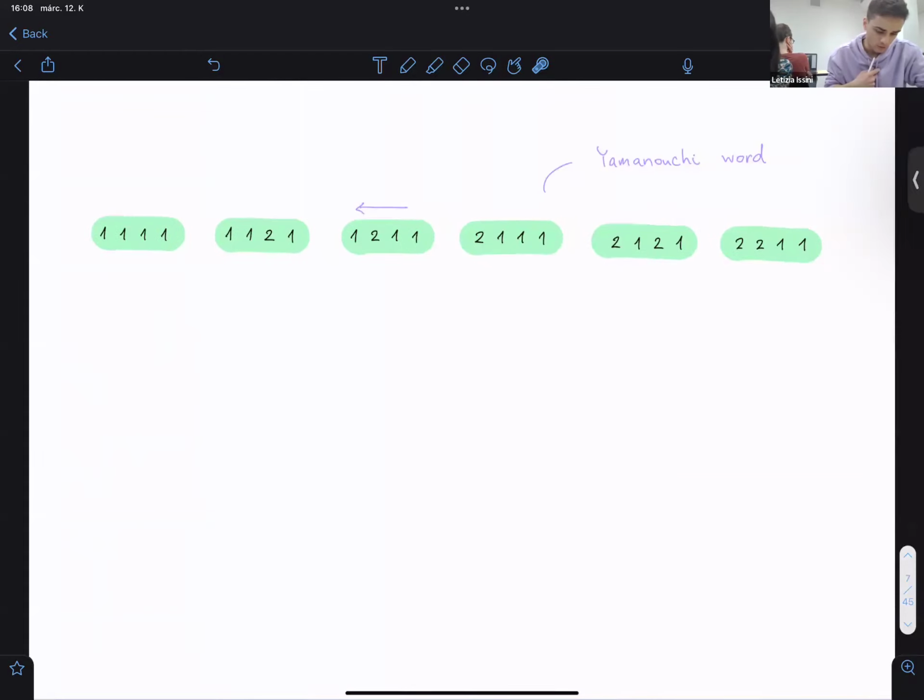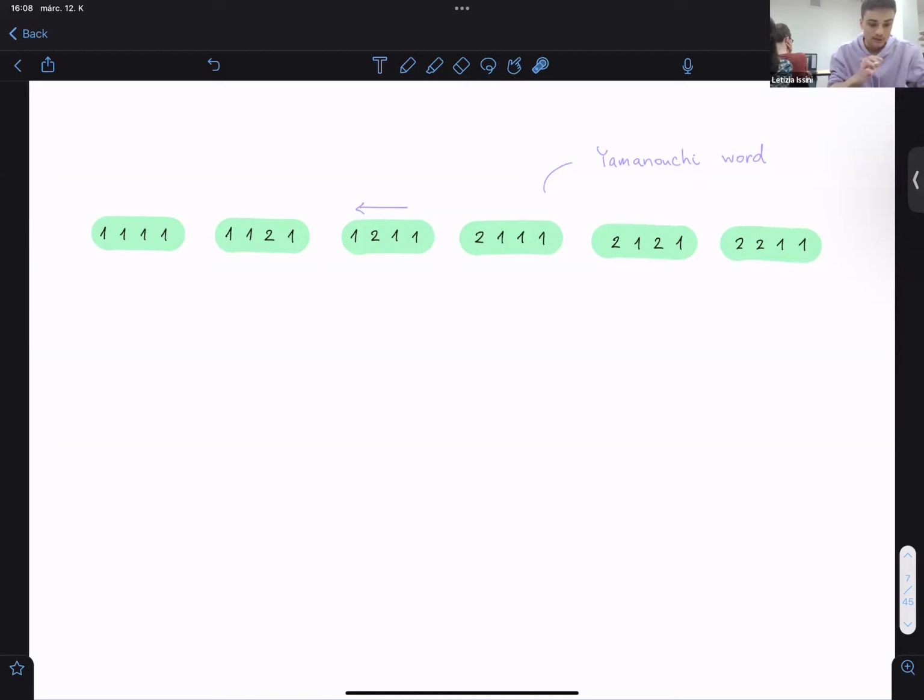So here we have all 6. So yeah, words like that, satisfying that condition, are called Yamanouchi words, and we have all 6 Yamanouchi words in 2 letters of length 4 corresponding to our previous paths.